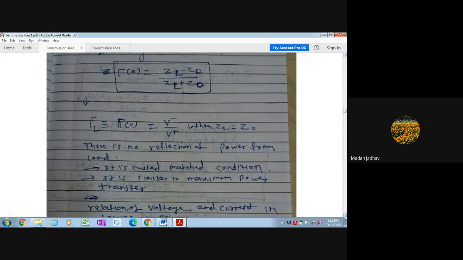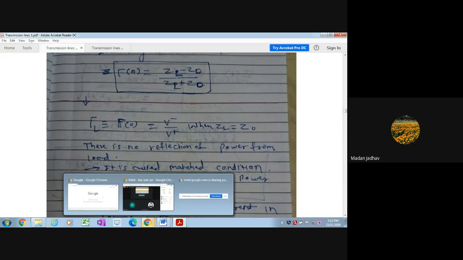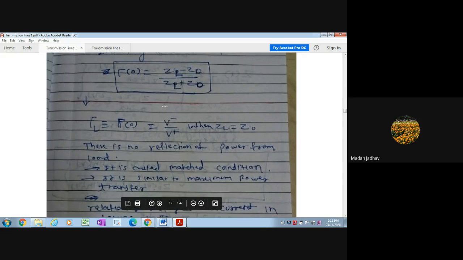You can see that when ZL is replaced by Z naught, the numerator will become 0 and the reflection coefficient will become 0. When the reflection coefficient is 0, it means that the total power is absorbed by the load. There is no reflection.